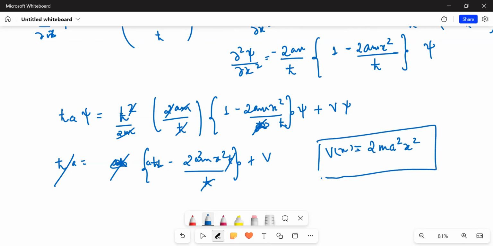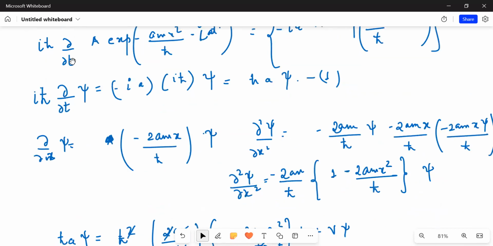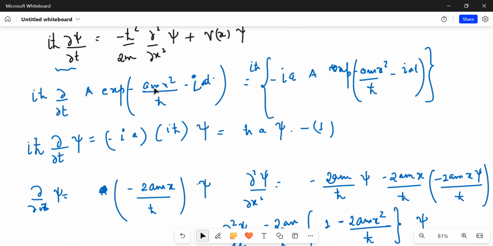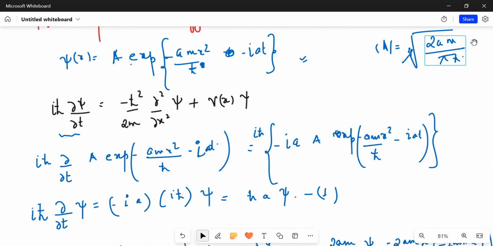So V as a function of x would be simply 2am a square x square. Okay, so for this potential function, you'll get this kind of wave function. Psi as a function of x would be this: A e to the power minus am x square upon h cat minus iota at, where A is given by 2am upon pi h cat raised to power 1 by 4.